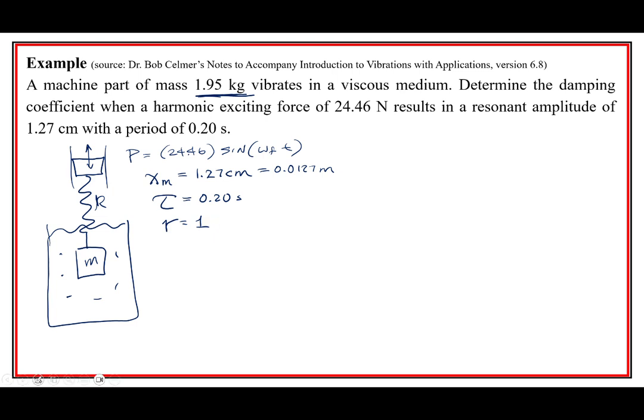We can get the period, and we can get the natural frequency from this, right? So natural frequency is going to be equal to 2 pi over tau. That ends up being 31.42 radians per second, which you could do yourself. With the natural frequency, I don't know if I need this, but I found it anyway: K over M, we could find that K is going to be equal to natural frequency squared times mass, and we happen to know both things, so we might as well find it.